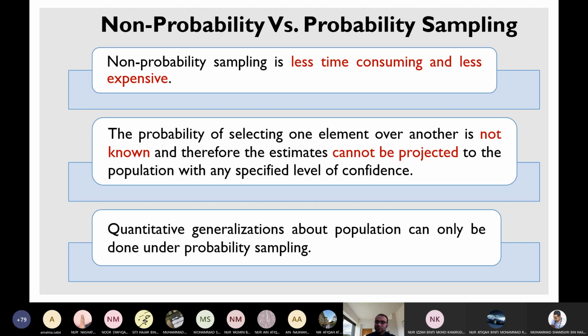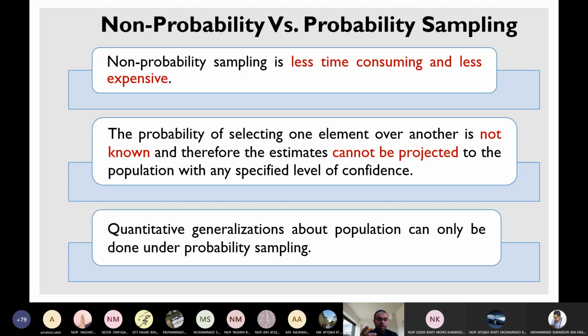So to sum up, non-probability and probability sampling. Of course, non-probability sampling is less time consuming. Those whom you have access to, it is easy for you to go for. The probability of selecting one element over another is not known and cannot be projected.